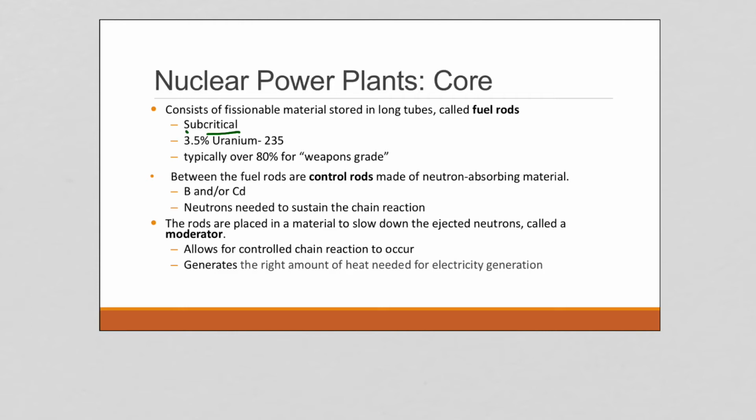So much less than what I mentioned earlier for weapons grade, which is 80% and above, 85% is what I mentioned before, right? So these are not weapons grade. These are subcritical. You can't get a chain reaction that would lead to what we might consider a nuclear explosion like you see with a nuclear weapon. What you can get is a core meltdown and release of nuclear material into the atmosphere.